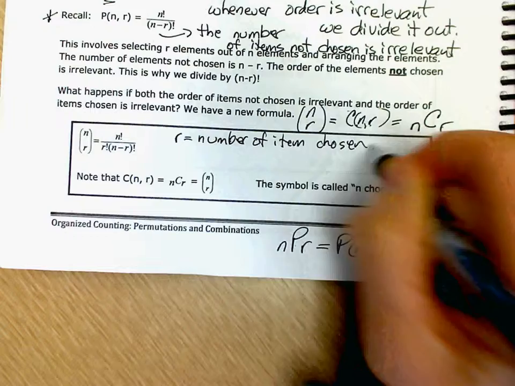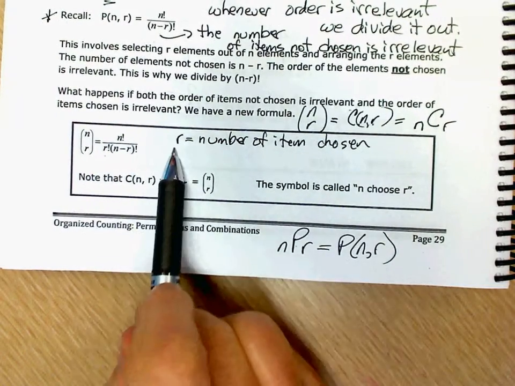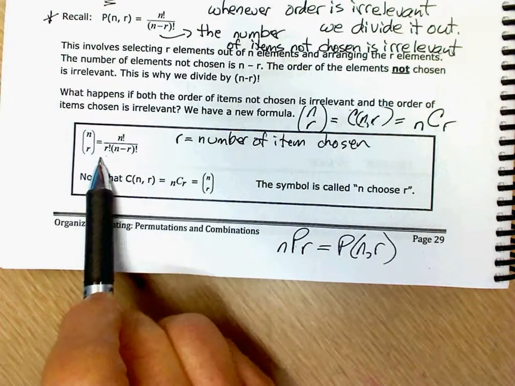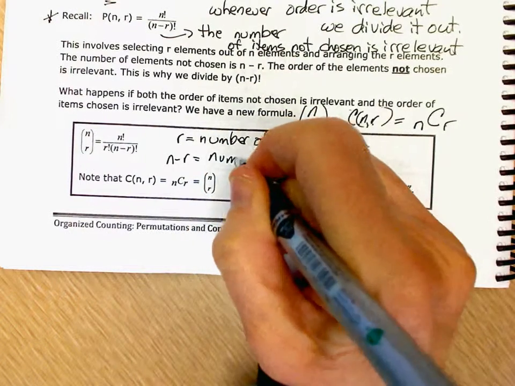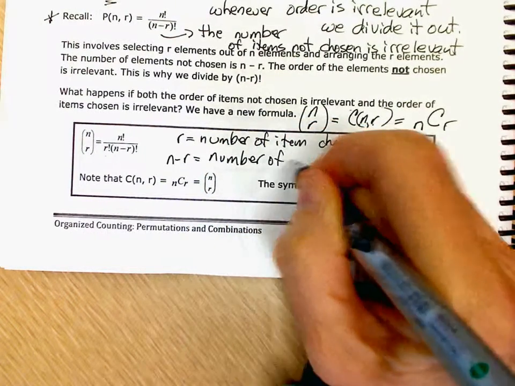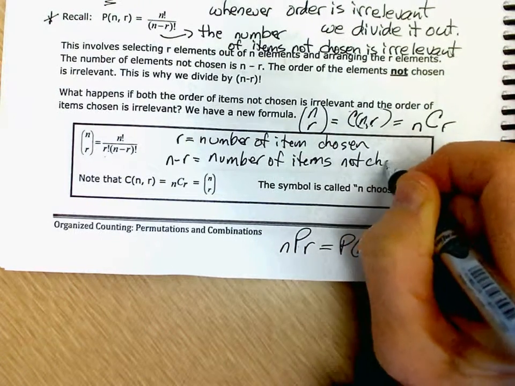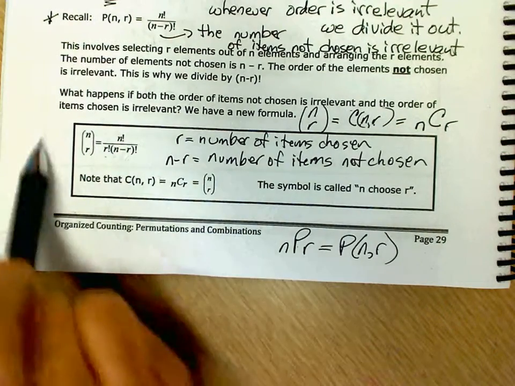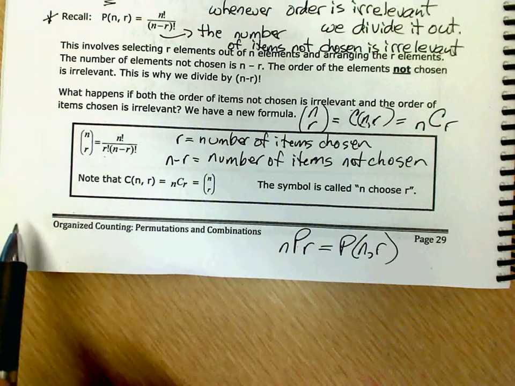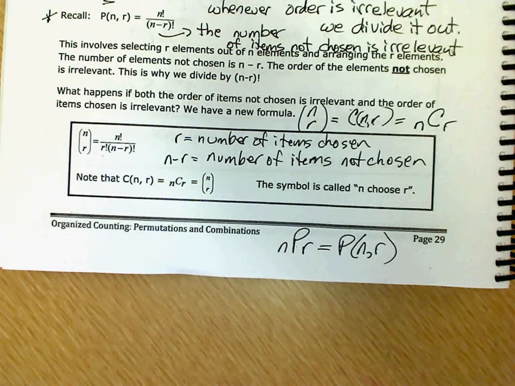So we're dividing by that order because the order of items chosen is irrelevant. So we're dividing it out, and n minus r is the number of items not chosen. So we're dividing that out as well. So no order in the combination situation is important. We're just dividing out any order. So let's take a look at this.